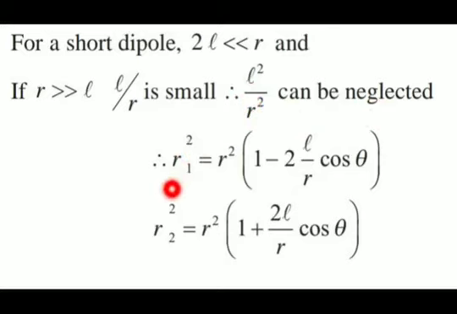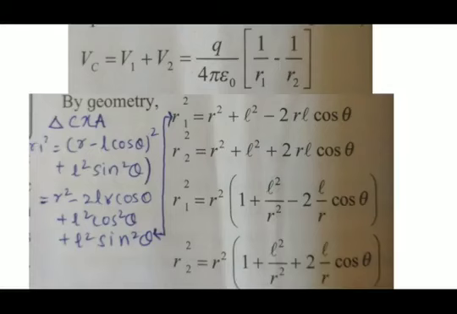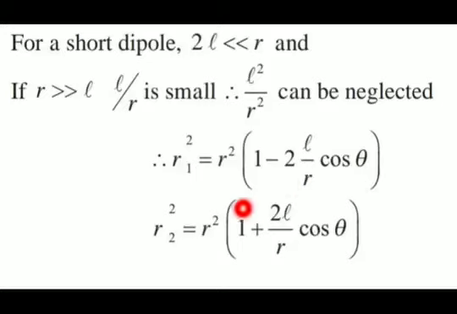So r1 square is equal to r square times (1 minus 2L upon r cos theta). We neglect the L square upon r square term. Similarly for r2, instead of the minus sign we will have a plus sign.